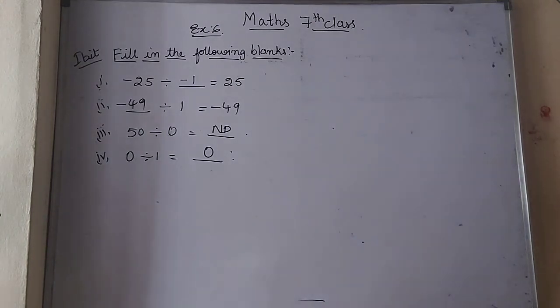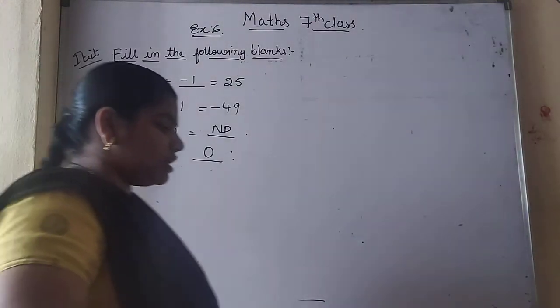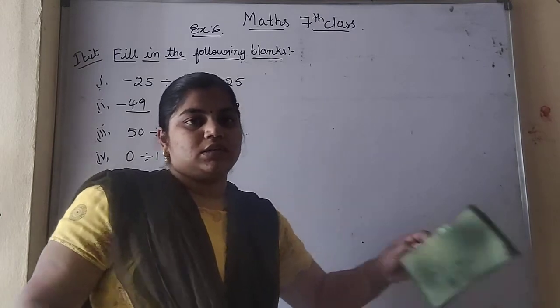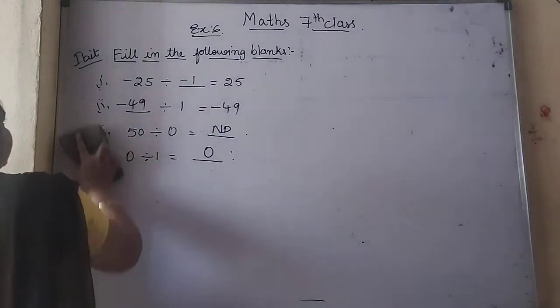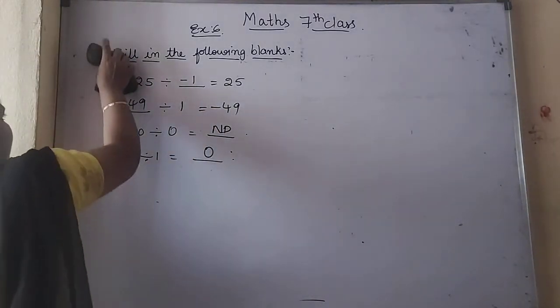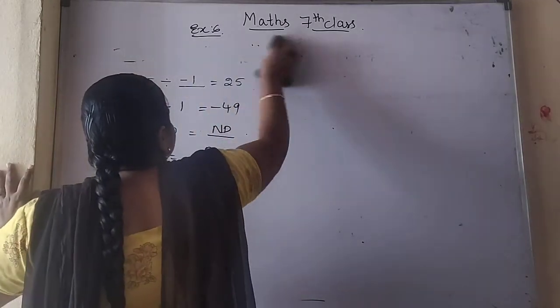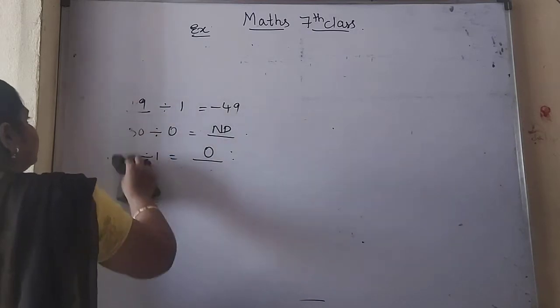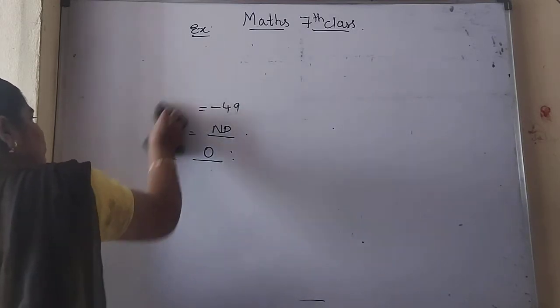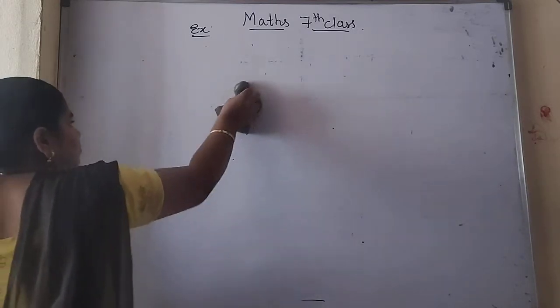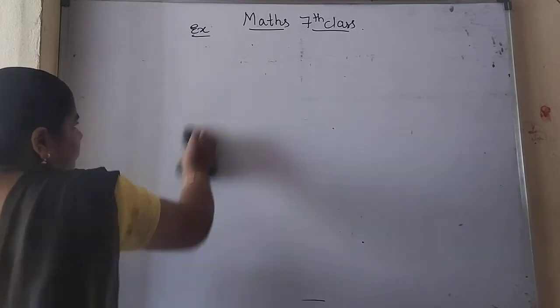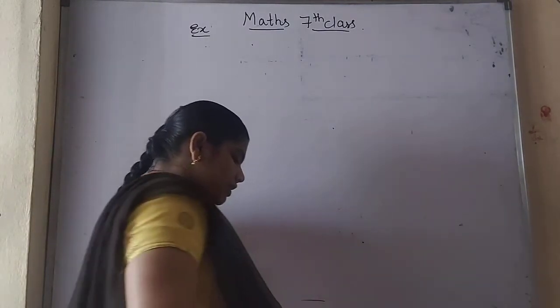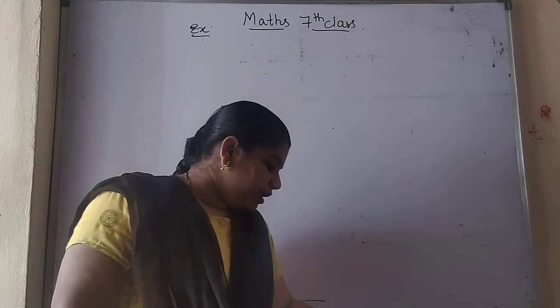Now last bit, last exercise, that is exercise number 7 in this chapter. This is the last exercise in this chapter. So exercise 7, in a class test containing 15 questions.